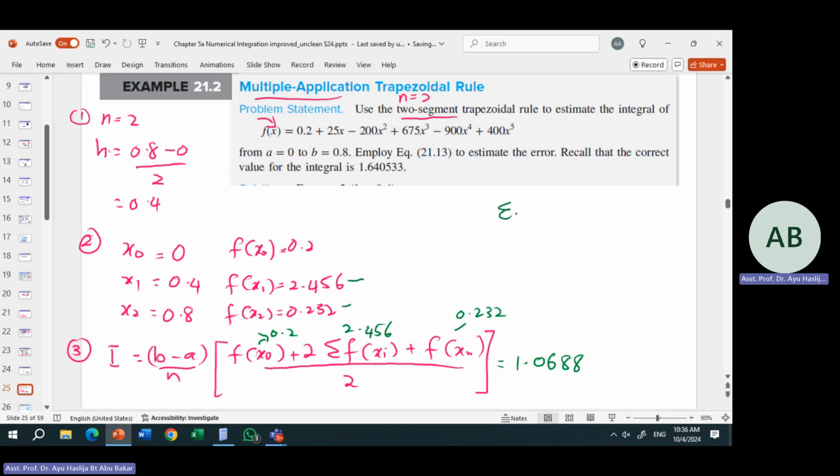True error. 1.64 is the true value. The one is the approximate value. True error is true value minus approximate value over true value.